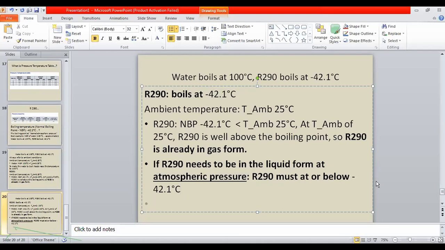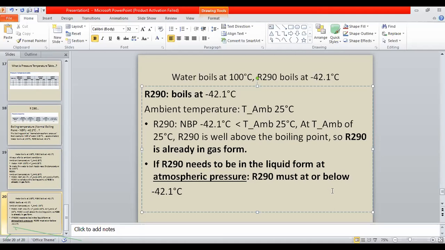So at normal pressure, if R290 needs to be in the form of liquid, then R290 must be below minus 42.1. At or below minus 42.1. That is very important.